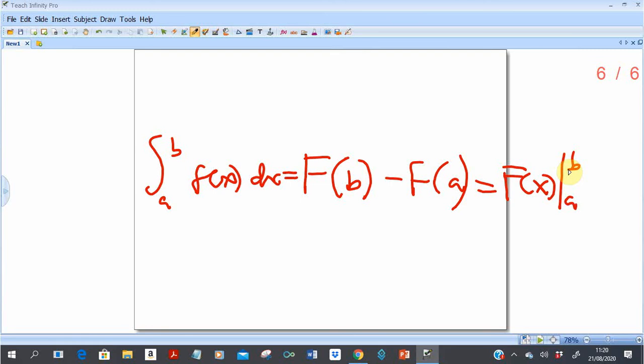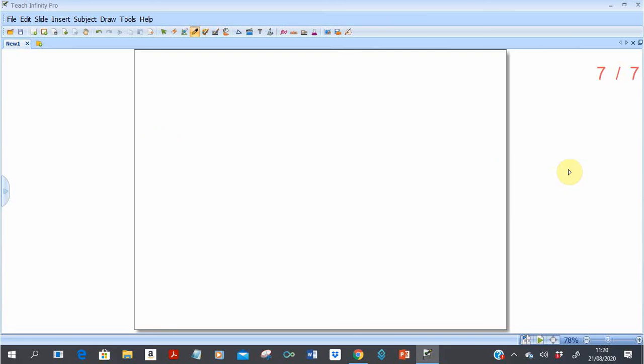Okay, so now we move to something else called the area. So finding the area is actually an application of integration.